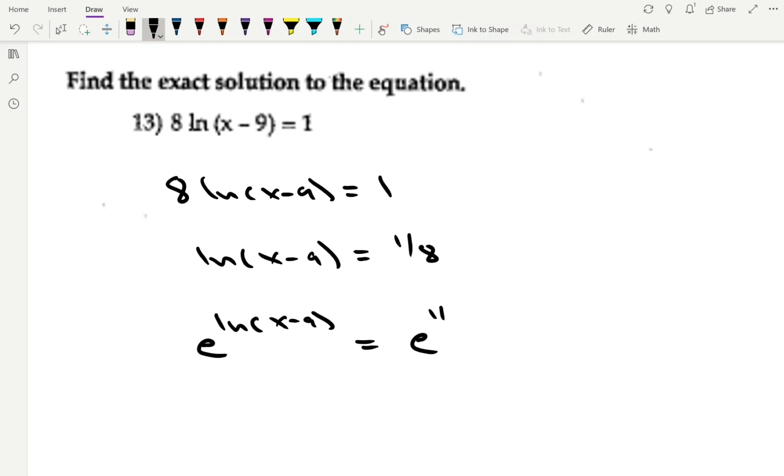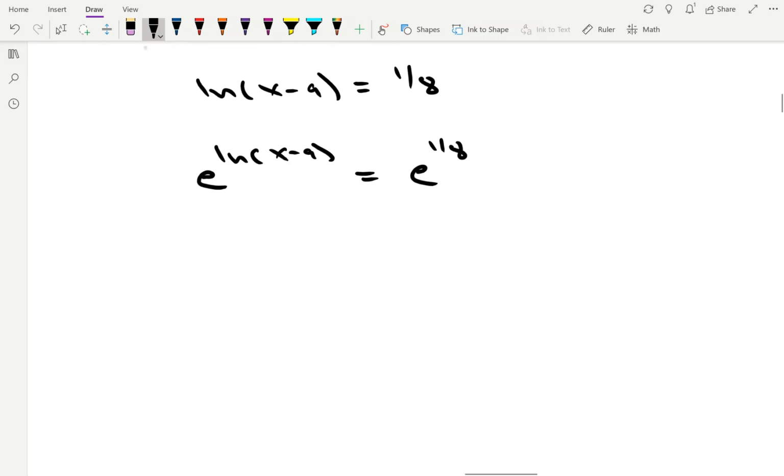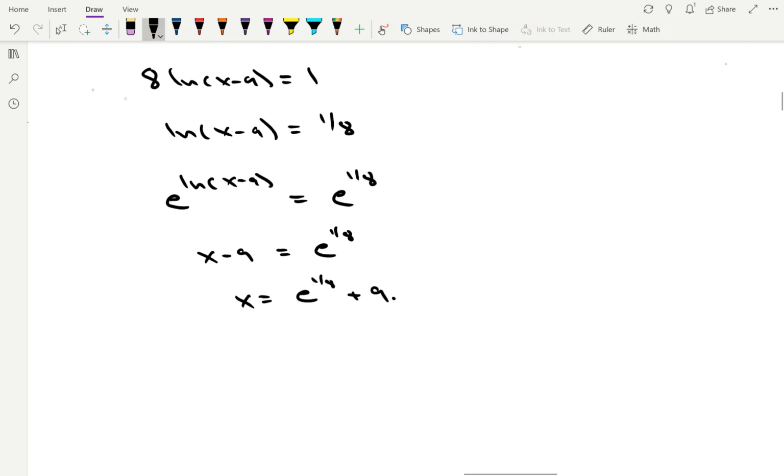Exponentiate, or e it, as we say in France. The x minus 9 pops down. e to the 1/8, I'd just leave it like that. So x is equal to e to the 1/8 plus 9 as your answer there. And that's it. So page 2 of your review is officially done.